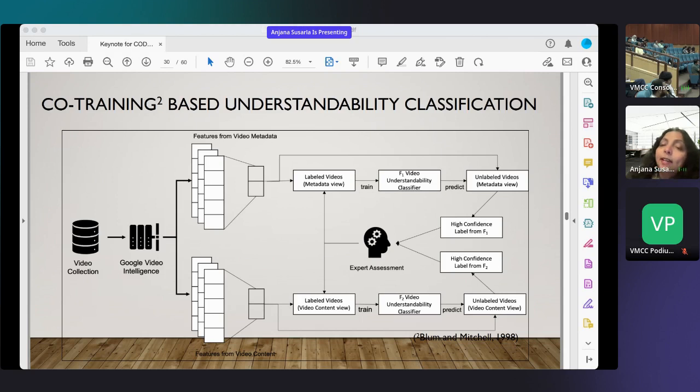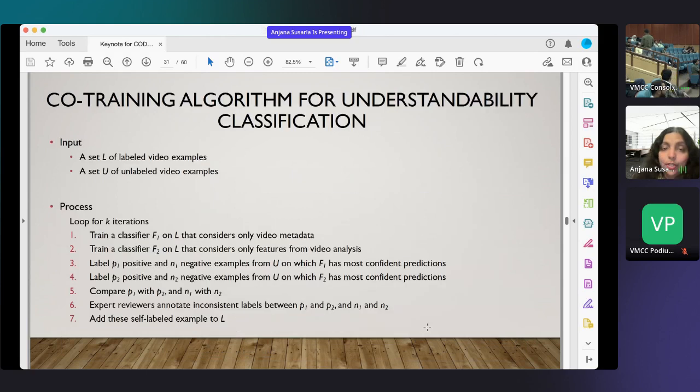This process is done iteratively until every video in the sample is labeled. Of course, there are some things that may be difficult to classify, and we have to do more experiments to understand what is going on with those ones.